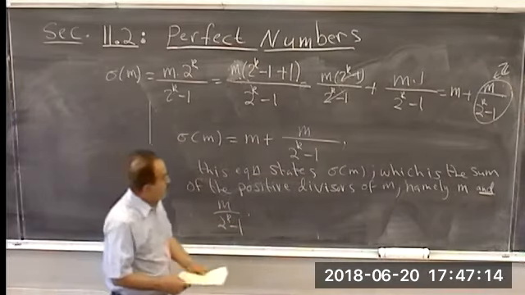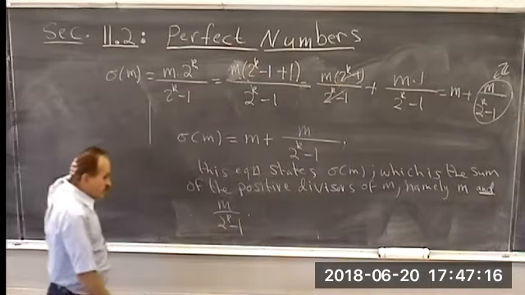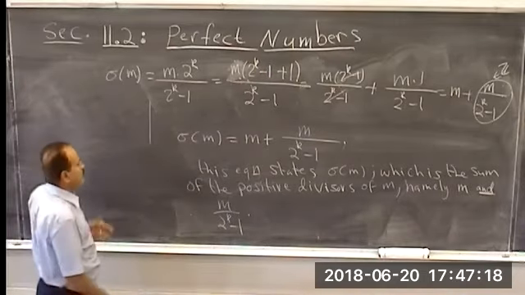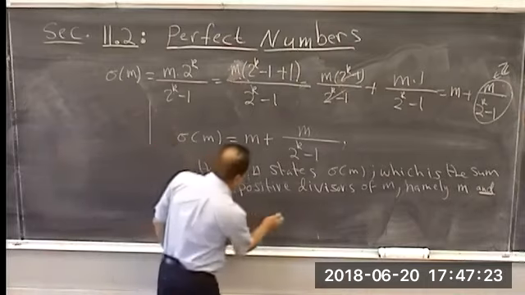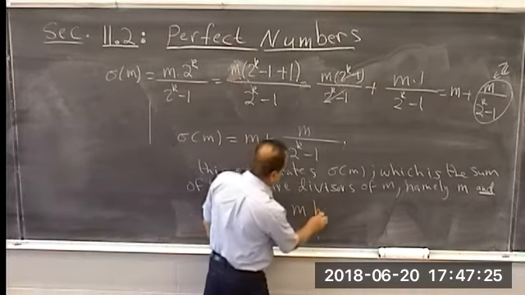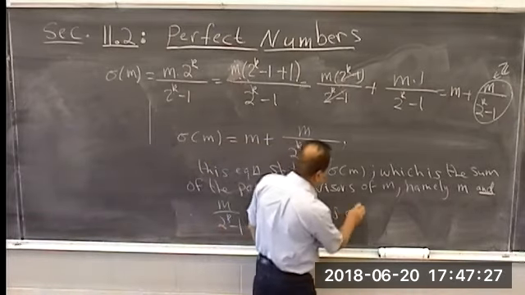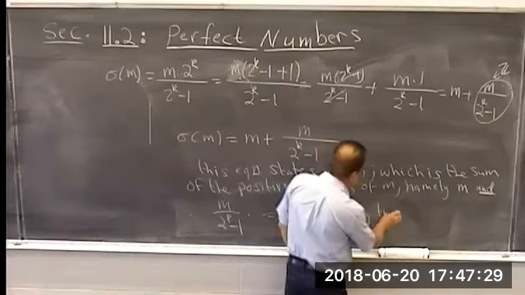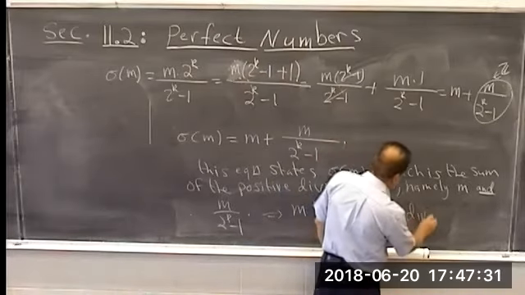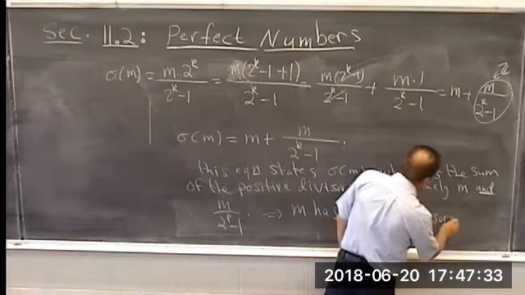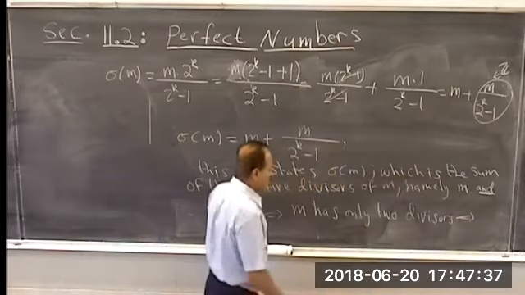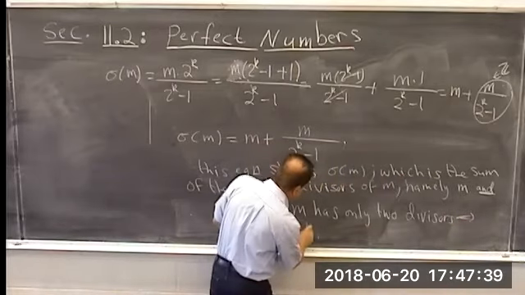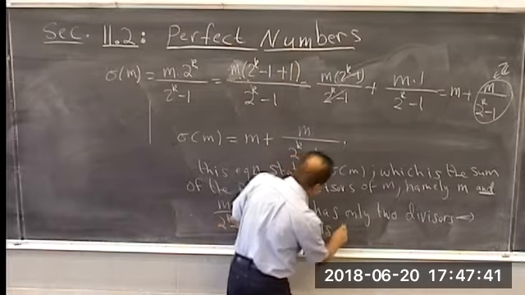All right, now let's continue from here. So this implies that m has only two divisors, and this implies m is prime.